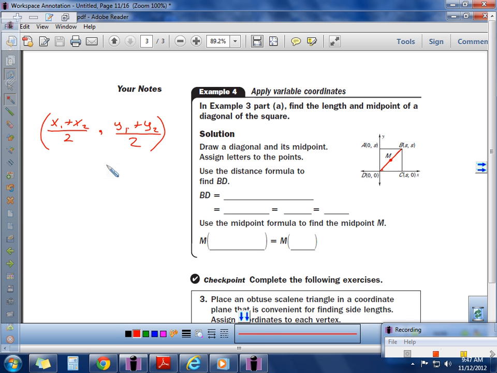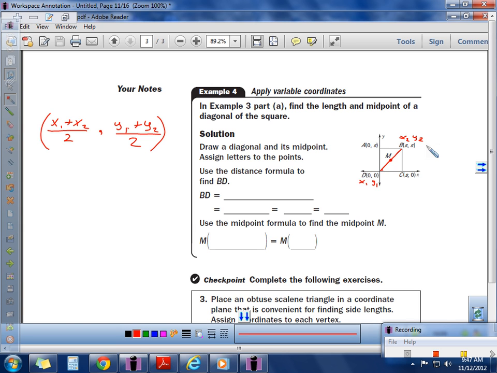Now in this case, they don't give us numbers, so all we can do is plug in the variables and the zeros. So I have to come over here and pick which one is my x1, y1, which one's my x2, y2. I would say leftmost would be my x1, y1. We'll say this is x2, y2, and sorry, it's hard to write small.